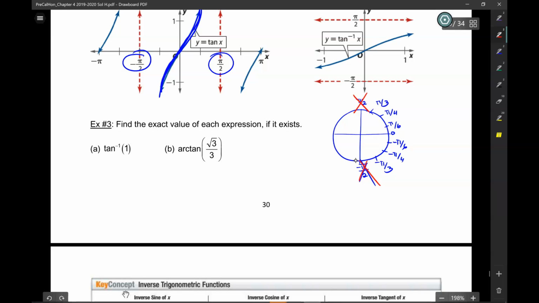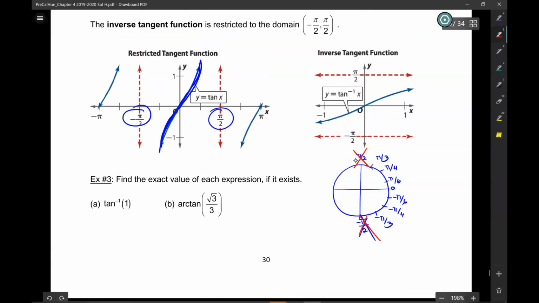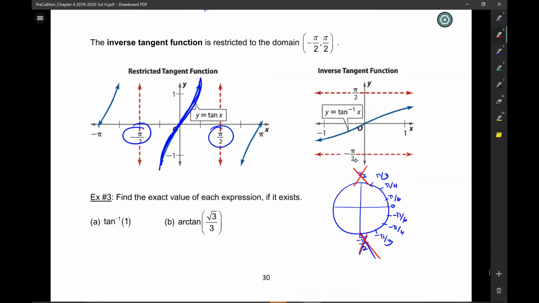So here I have inverse tangent of 1. Oh, one thing I forgot: what's the range here?